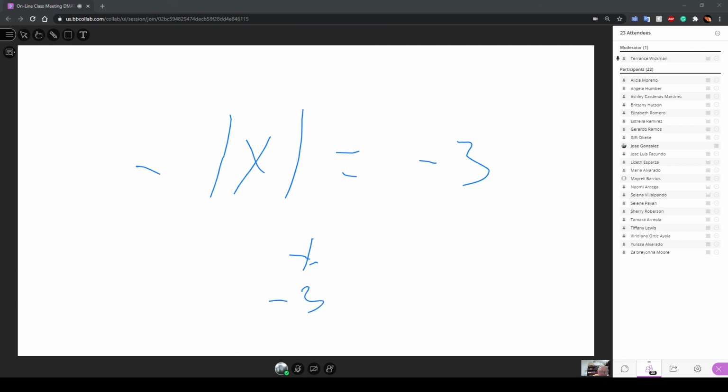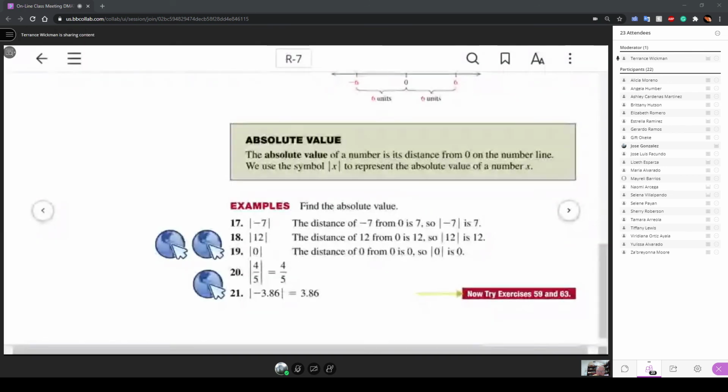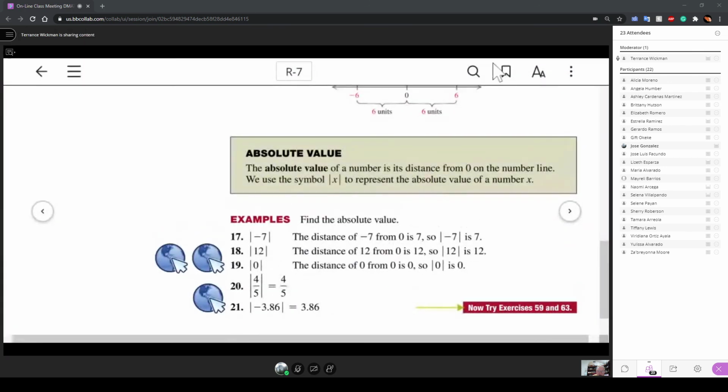And it's shown like this usually. Because the negative sign is here, you can get a negative. So be aware of that. So the absolute value of negative 7 is 7, 12 is 12, 0 is 0, and so on. You can see that.